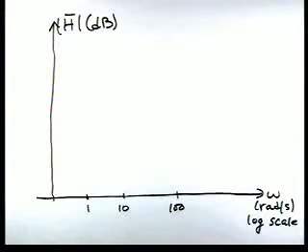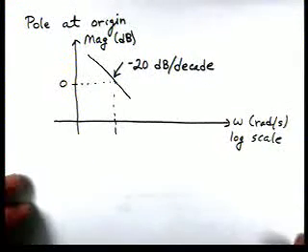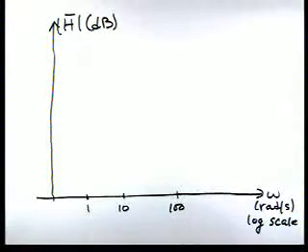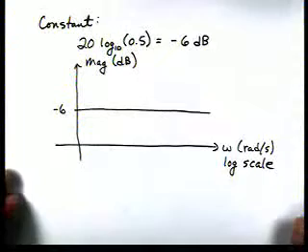Our gain characteristic for the pole at the origin has a value of 0 dB at ω = 1. But if you remember, we have this constant in here that has a gain of minus 6 dB.